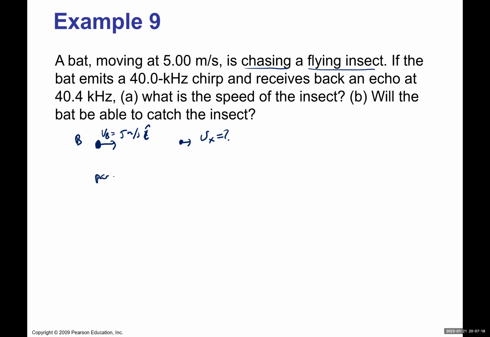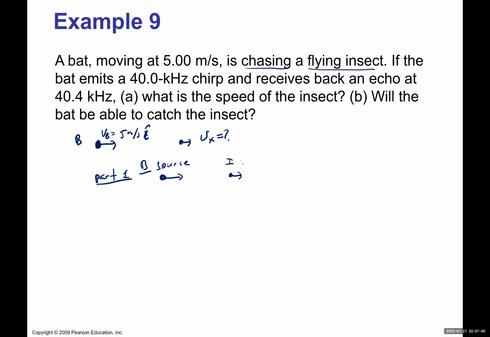What we can see here is part one, where we can assume the bat is moving in this direction, and this is basically the source. So the bat is the source, and for the insect, it is the observer.